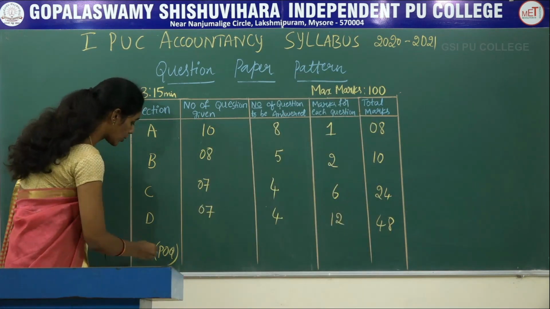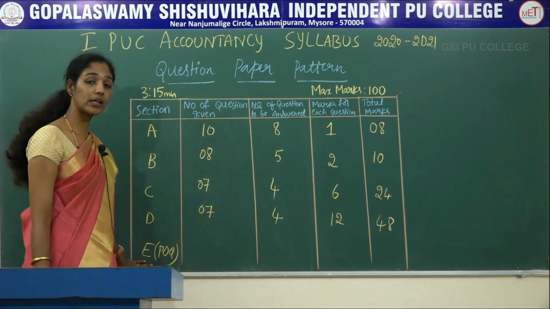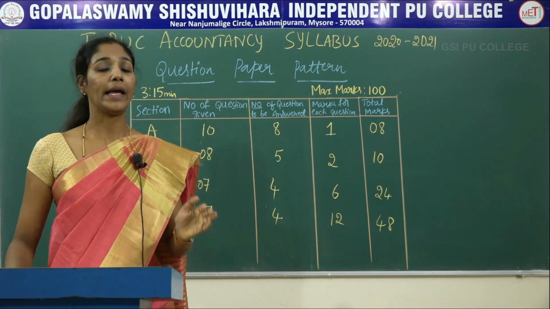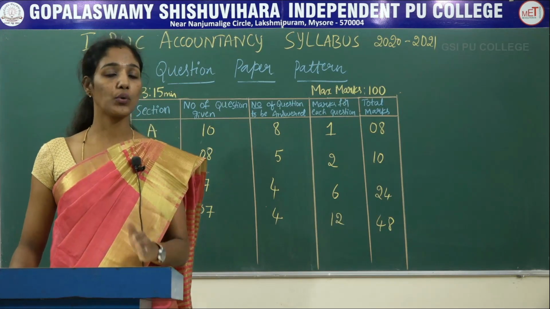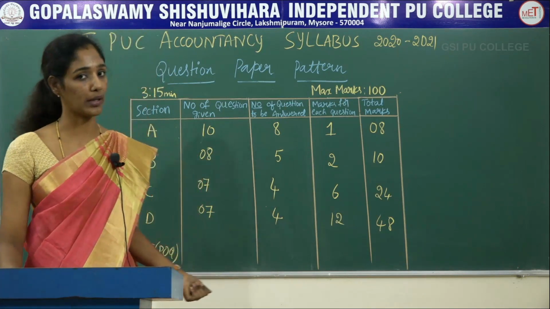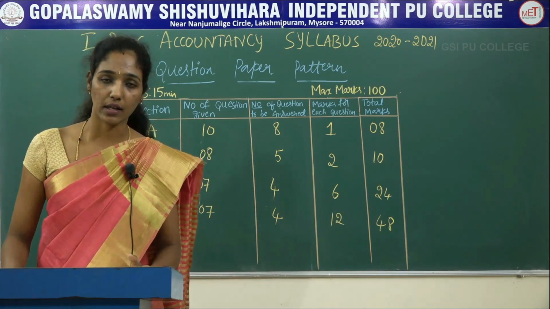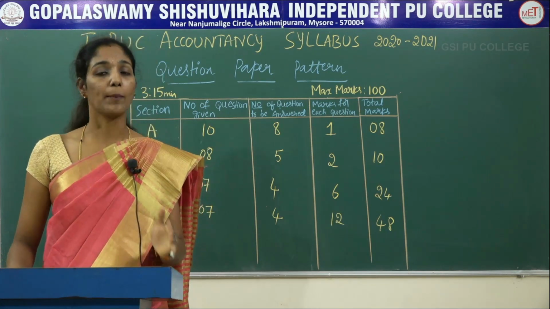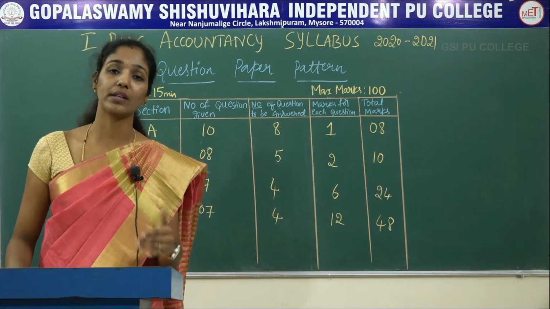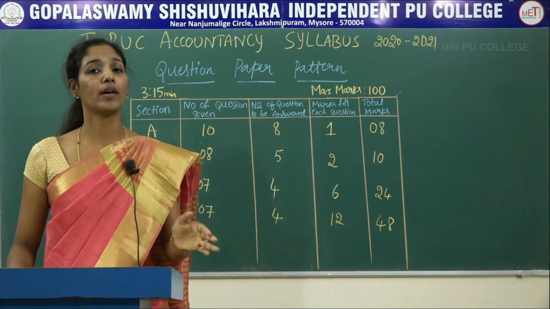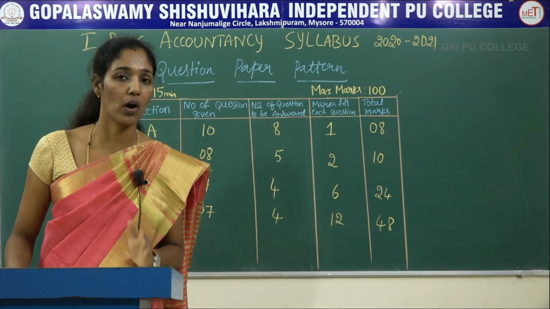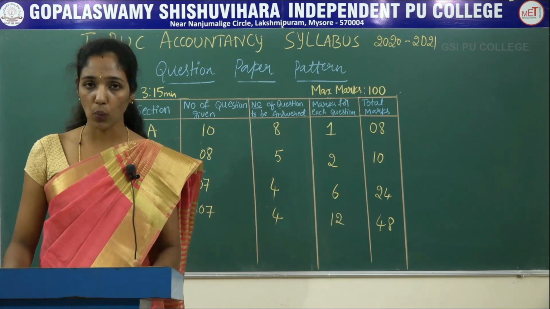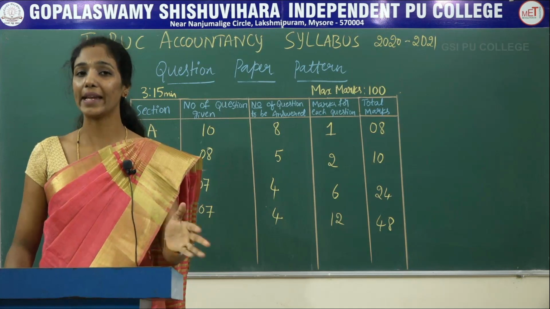The next, section E. It is a practical oriented section. Practical oriented question means in accountancy, we can do this without using a calculator. The question may be like this: draw a diagram of the accounting process, or prepare a trial balance with 10 imaginary figures, or draw a block diagram of the components of a computer, and so on. For answering these questions, definitely we don't need any calculator.